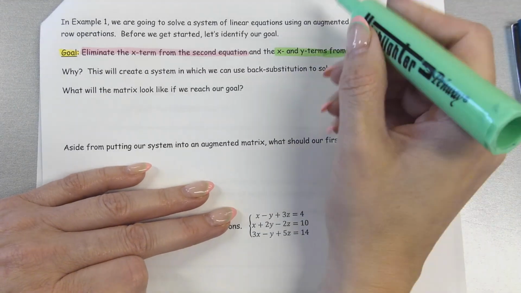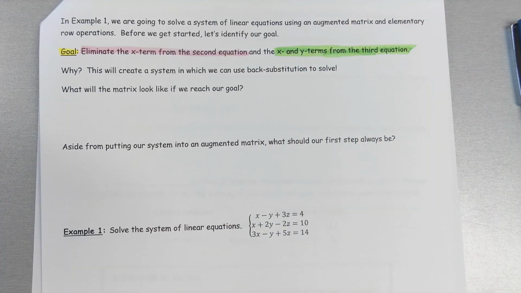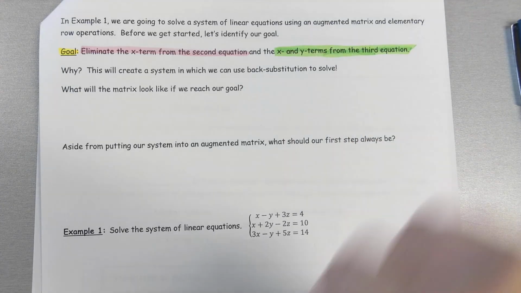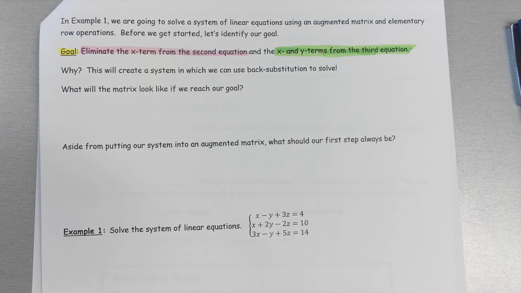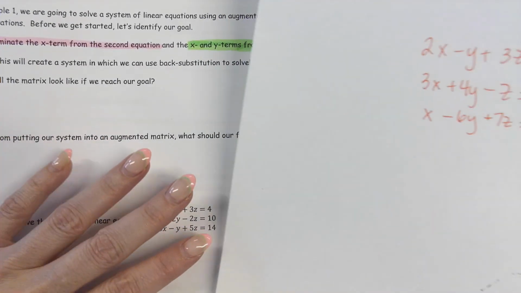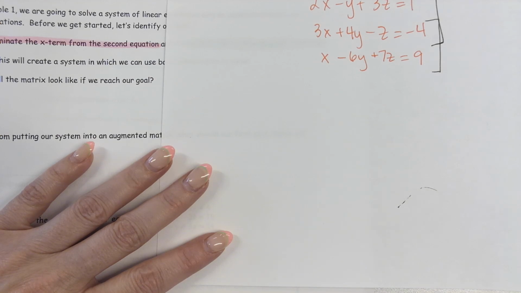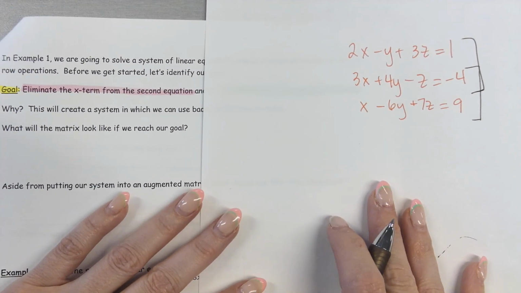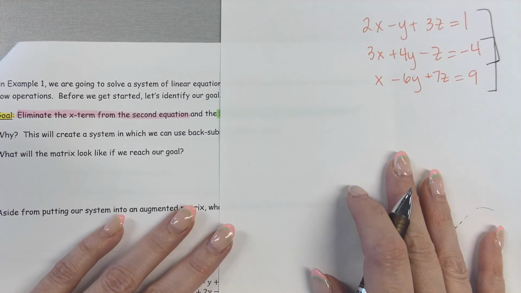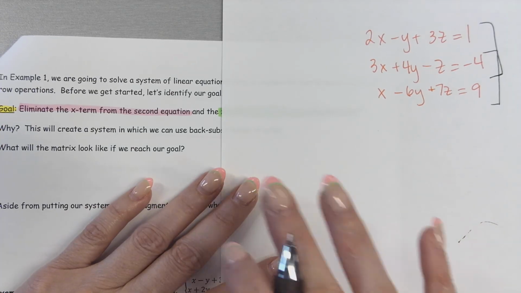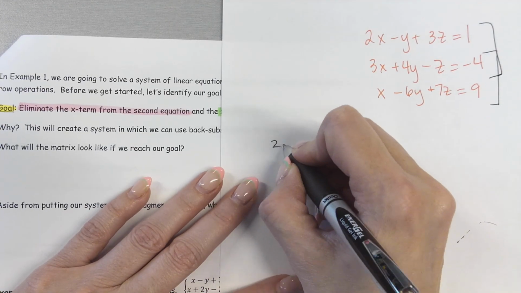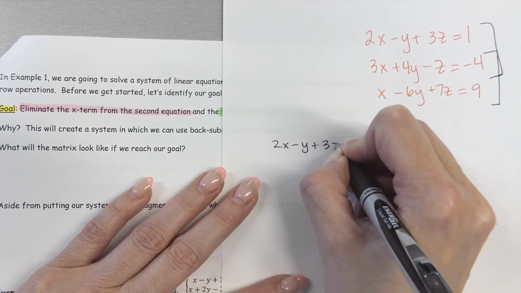So I'm going to show you what that looks like on my paper here, just so you can get a better understanding of what's happening. So if you were to eliminate, and this wouldn't be accurate, just so you know, I'm just using this as a visual. Okay, it says to eliminate the x term from the second equation. So I'm going to keep the first equation the same.